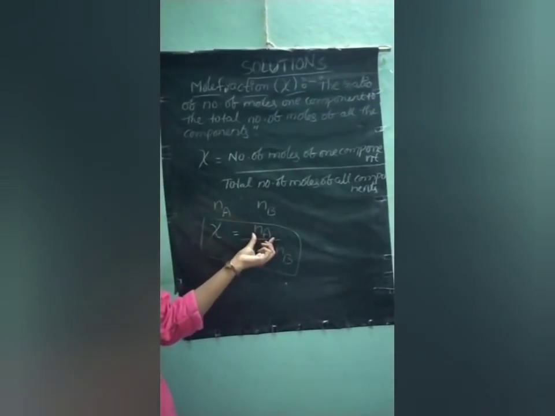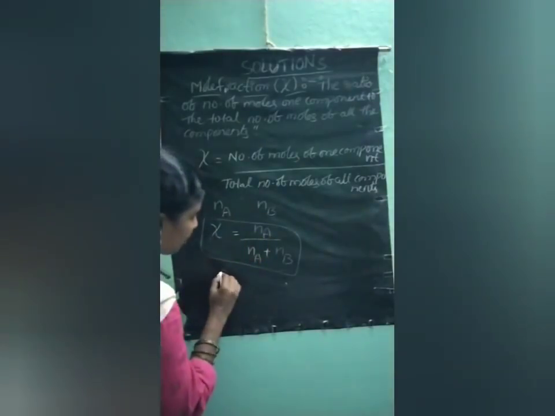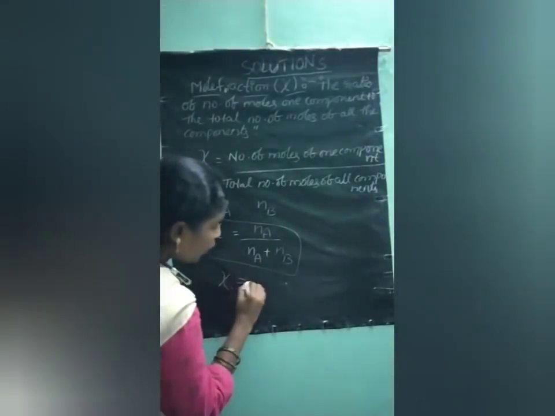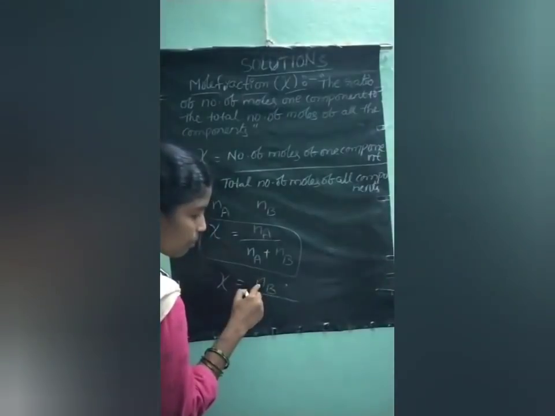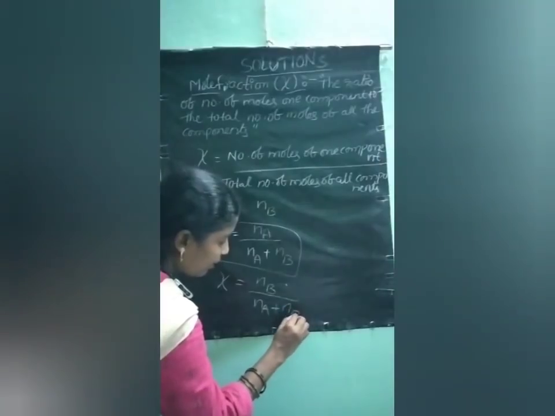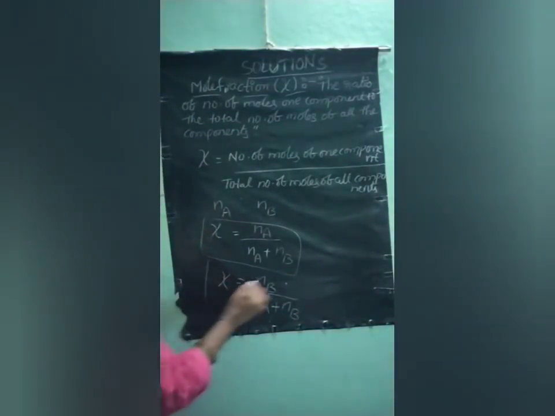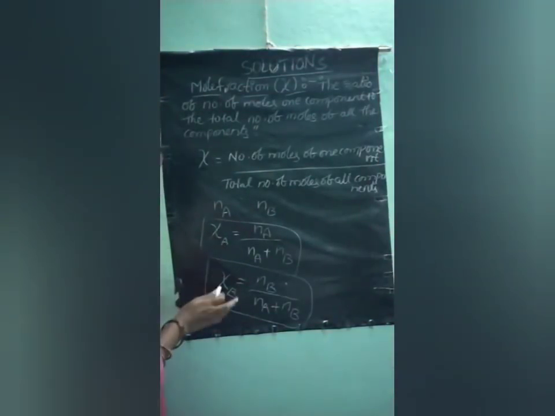Here I am writing one of the components, the number of moles of the component is Na. Replacing it with Nb, the same formula applies. So the mole fraction for the solution with moles Nb is Nb by the total number of moles of all components, that is N of A plus N of B. This is another formula for calculating the mole fraction for the first solution and second solution.